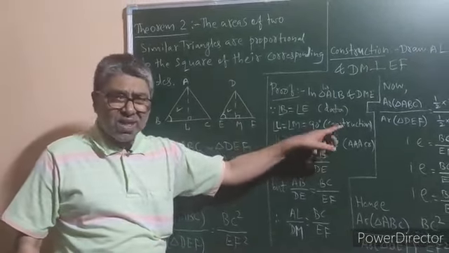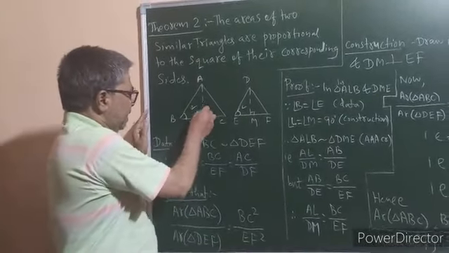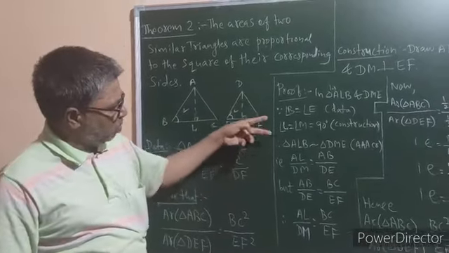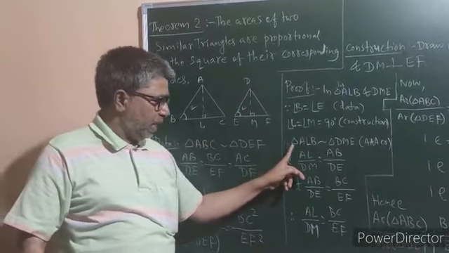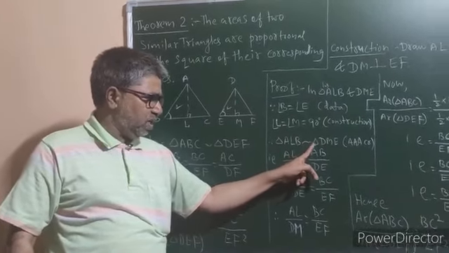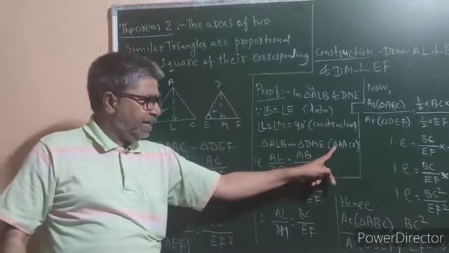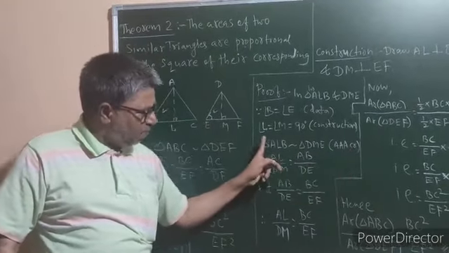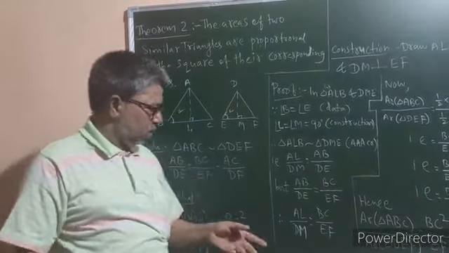This is from construction, because AL is perpendicular to BC and DM is perpendicular to EF. So the pair of angles are equal, therefore triangle ALB is similar to triangle DME by the angle criterion.